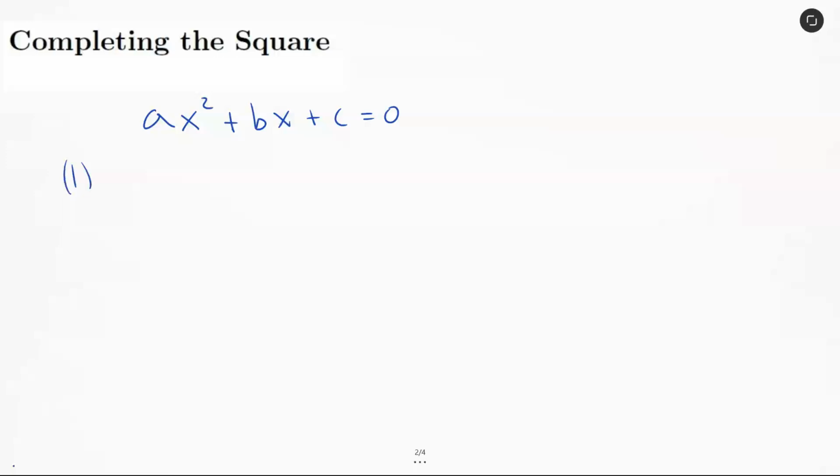Remember, what we do on one side of the equation we have to do on the other in order to maintain the integrity of the equation. So let's just go ahead and divide or multiply by 1 over a. And we're doing this to both sides.